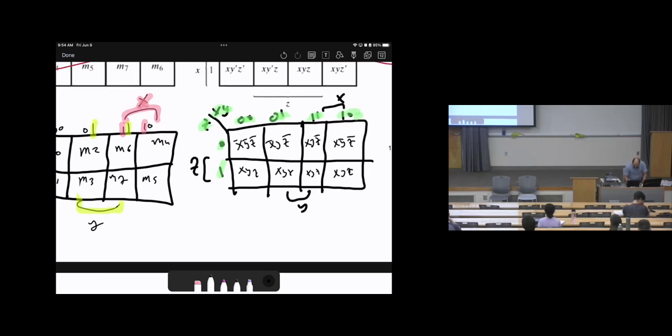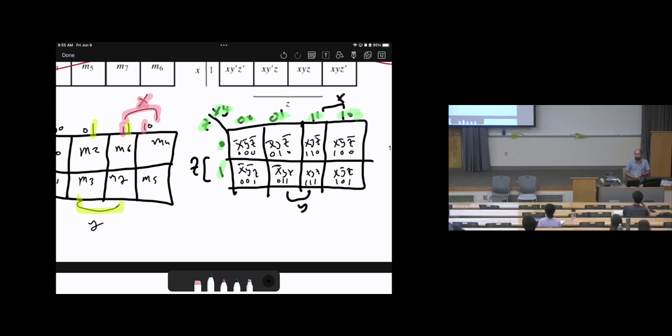Here, this is 0 0 0, this is 0 1 0, this is 1 1 0, this is 1 0 0. Then here, this corresponds to 0 0 1. Therefore it will be x bar, y bar. Here corresponds to 0 1 1. That's why we have only x bar. Here it will be 1 1 1, then there are no bars. Here it will be 1 0 1, then there is a bar above the y.